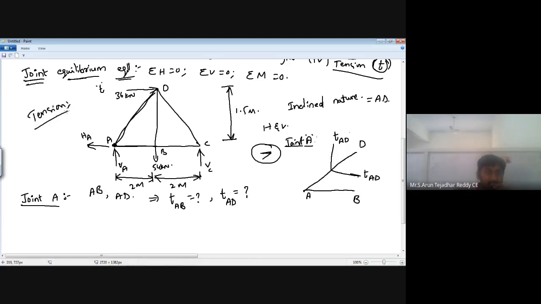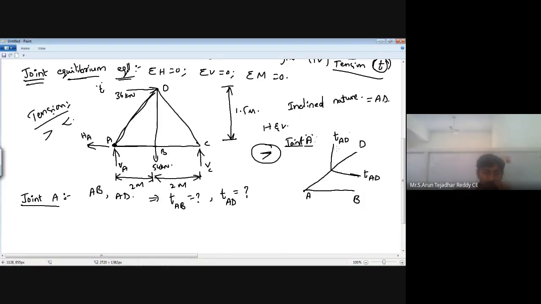Tension means obviously outward direction only. Once again, no need to give the directions in the tension coefficient method. Always consider positive only. After completion of the problem, then we'll see which member is in tension, which member is in compression. So this is resolving forces horizontal and vertical, TAD, TAD.